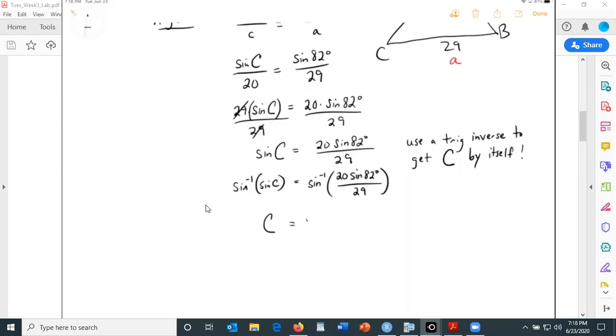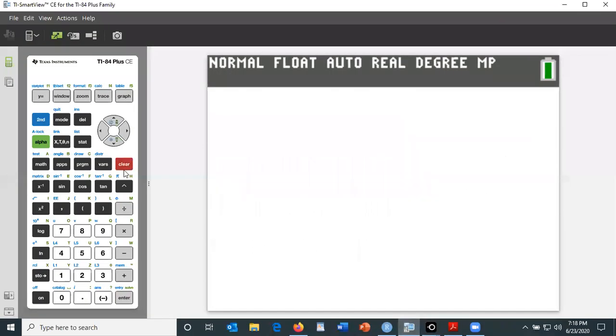And then this is, well, whatever that is. So let's round it to a whole number angle value. So we'd have to do, clear all that. So remember, sine inverse is this little figure here on top of the sine button. So you got to do a second sine. Second sine of 20 times the sine of 82, close parentheses, divided by 29, close parentheses.